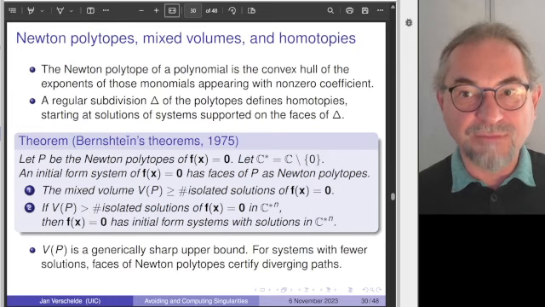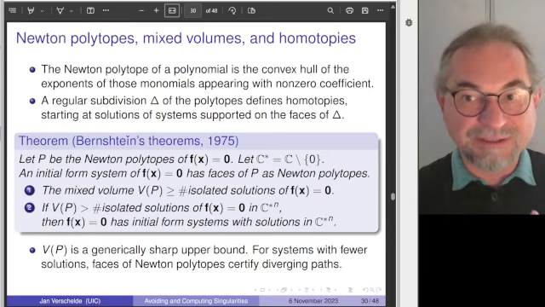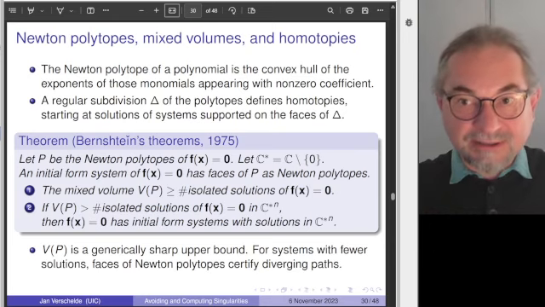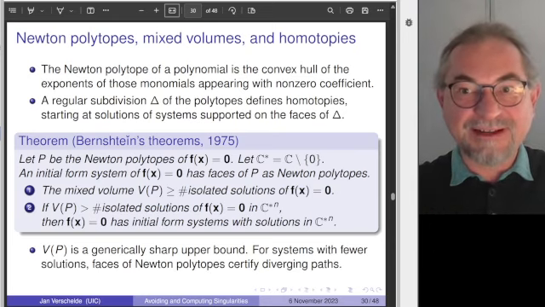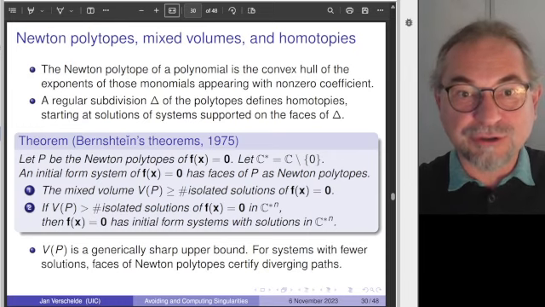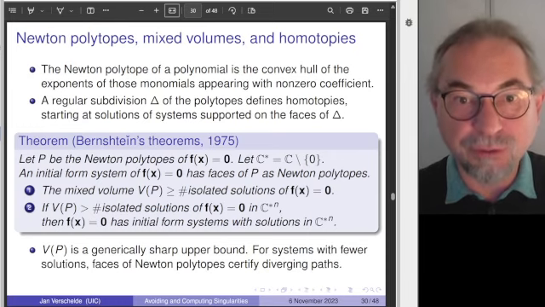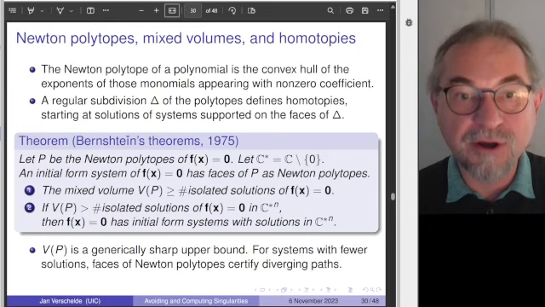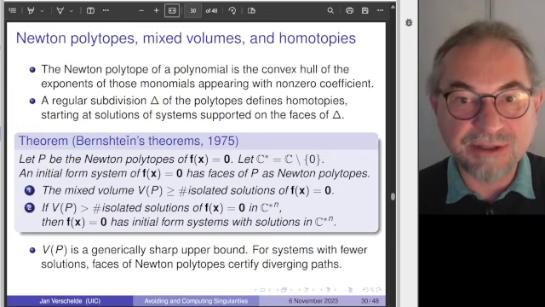So you have your polynomials, and you add an extra variable. You have heights, powers of this extra variable, and that corresponds to a construction that will define homotopies. That's a construction that was also used in the constructive proof of Bernstein's theorems.